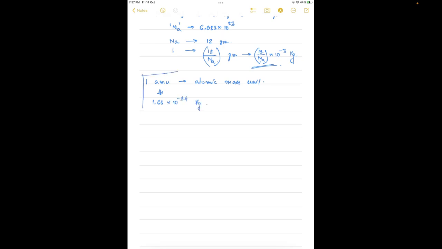So this conversion will be important. Now if the mass of any atom is given in the AMU unit, and you need to convert the AMU to the kg or gram unit, 1 AMU will be 1.66 times 10 to the power minus 24 kg.